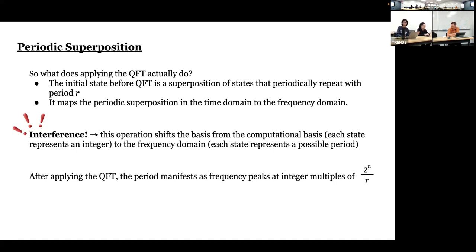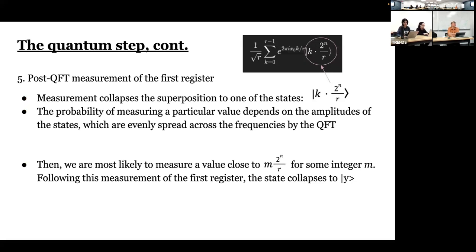Neither am I. So you apply the QFT, okay, and after you apply the QFT, you measure the first register. So this collapses the superposition to only one of the states, which is k times 2 to the power n over r.